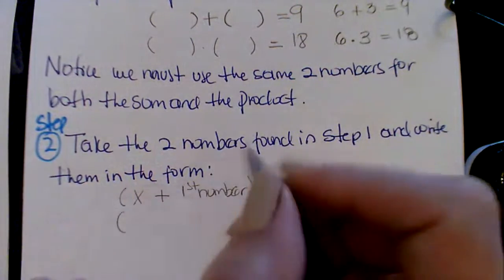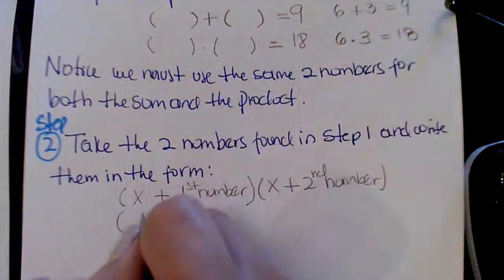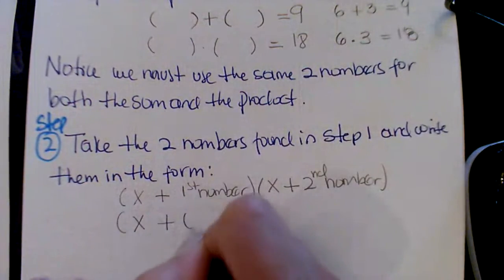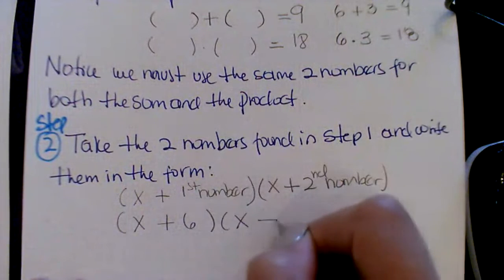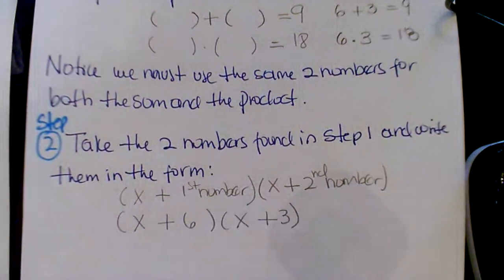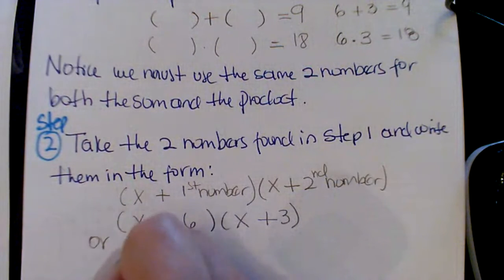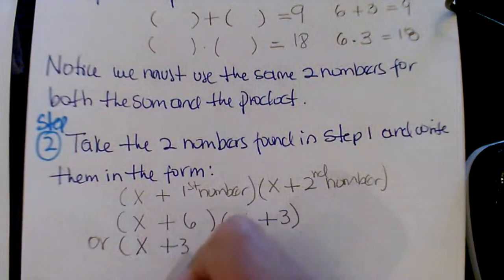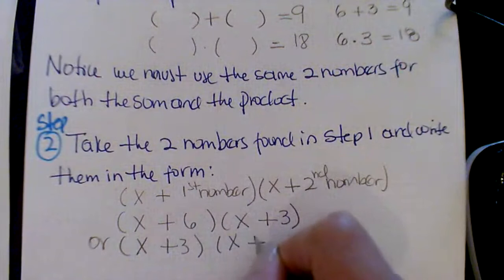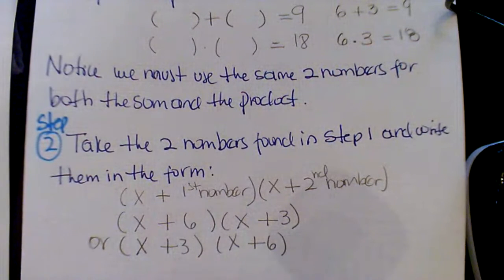So what was our first number? That was 6, and our second number was 3. There we go. Or it's exactly the same if we do this. Remember, multiplication is commutative.